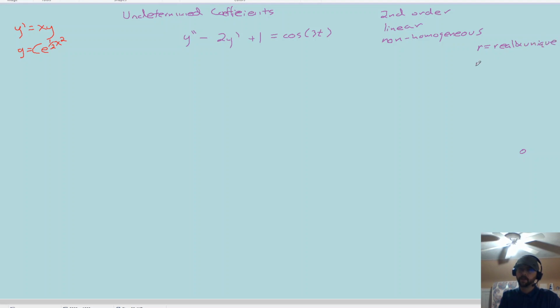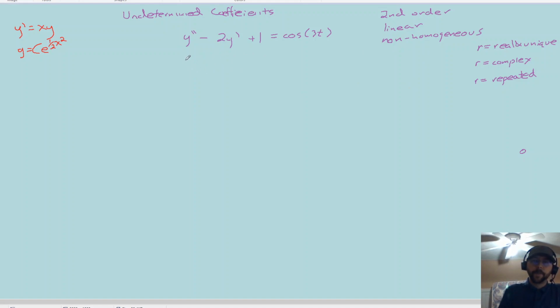Then you have where r is complex. And then you have where r is repeated. For this there would be 2 values for r, so r is 1 value repeated twice. I'm actually not sure which type I set up here, but we're only going to go over this one, not the other types.